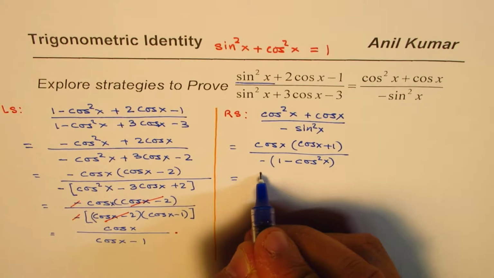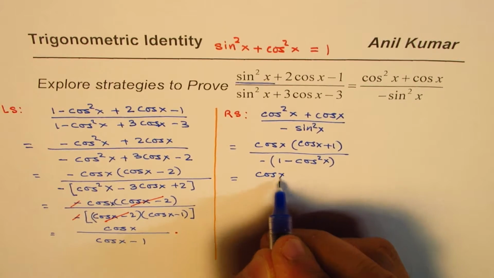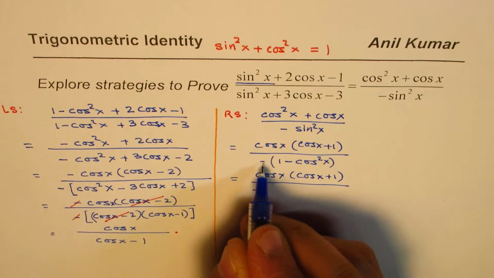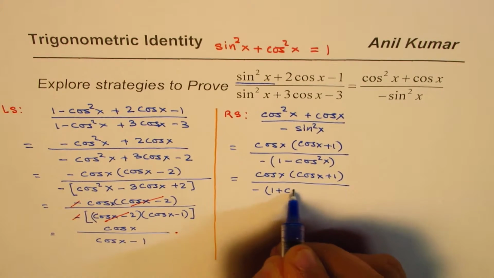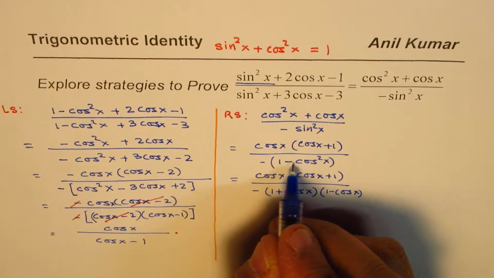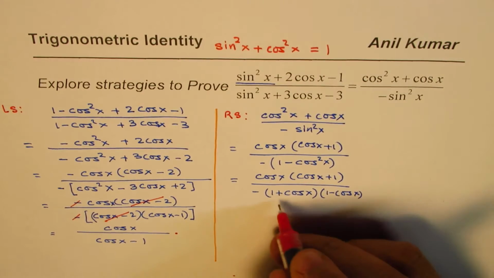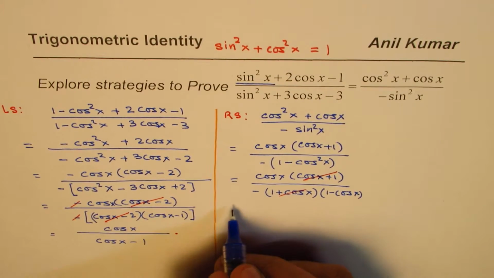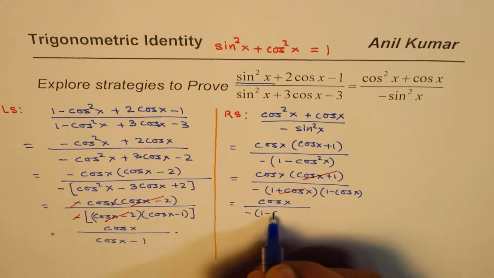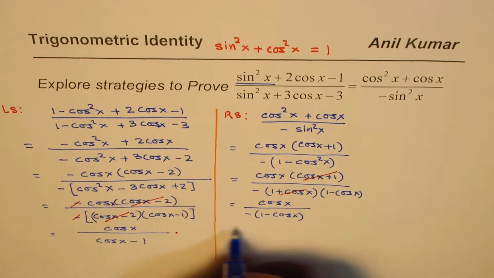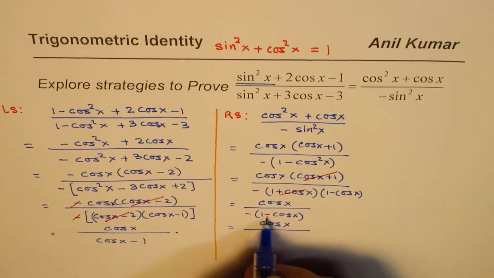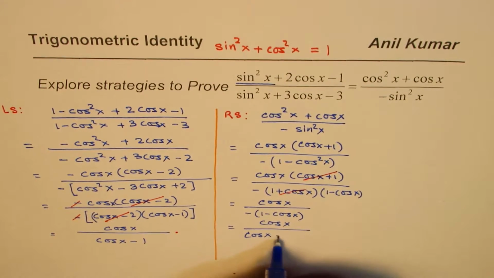Now the denominator will factor: it is minus (1 + cos x)(1 − cos x), a difference of squares. At this stage, you can cancel the common terms. So you get cos x over minus (1 minus cos x). Now open this bracket, so this becomes positive, and you can write this as cos x over (cos x minus 1).